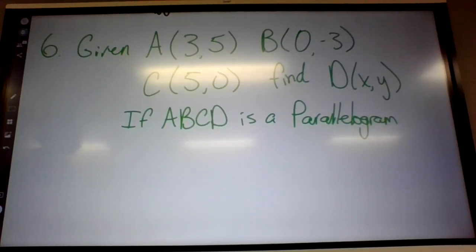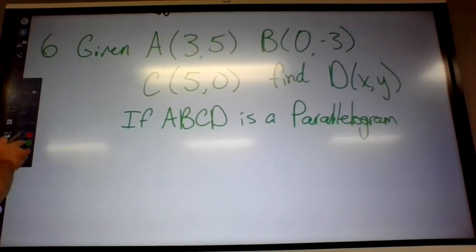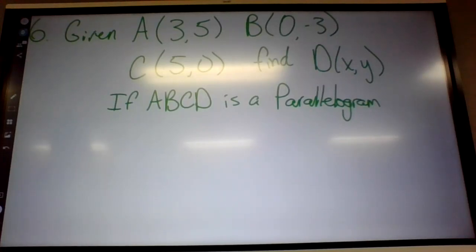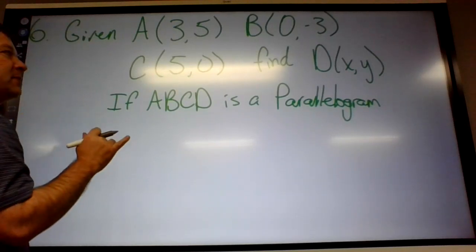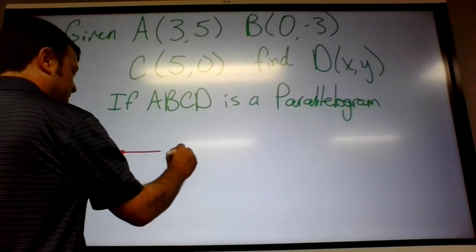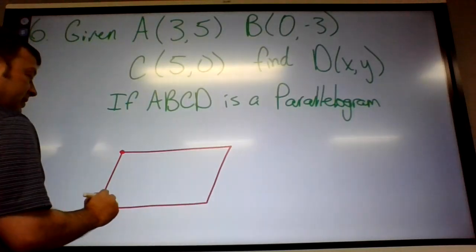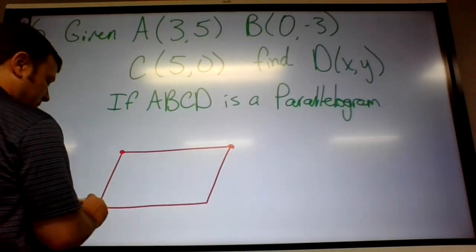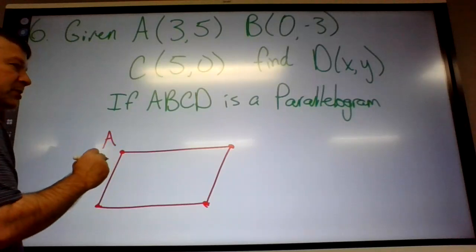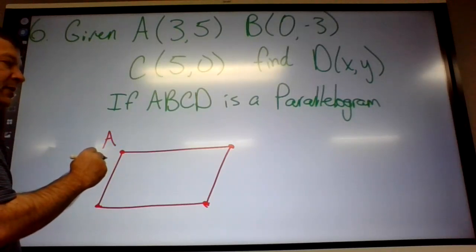So for this one, I recommend you guys do a little drawing. Now, it doesn't have to be a graph, and the drawing doesn't even have to correspond to those numbers at all. But it's a parallelogram. You guys remember it looks kind of like this, right? One important thing is when you put the letters down, they should be in order.